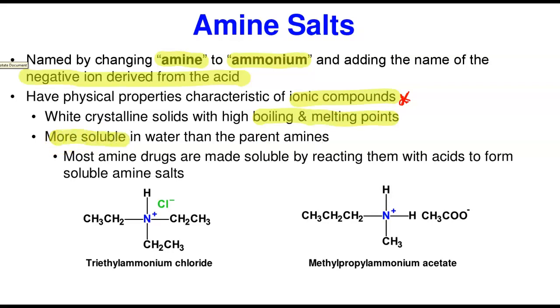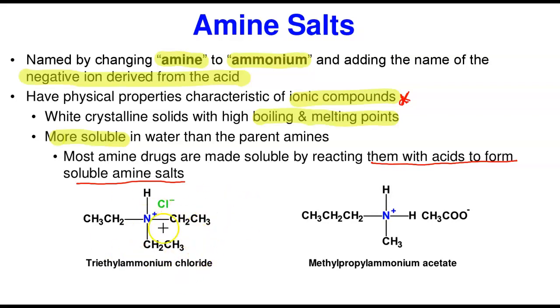In fact, most amine drugs are made soluble by reacting them with an acid to form a soluble amine salt. The majority of drugs administered are amines, and because these amines have high molecular weight, they are insoluble. So to make them soluble, you react them with an acid so that they form an ammonium salt, and it is in the form of this ammonium salt that these drugs are sold.